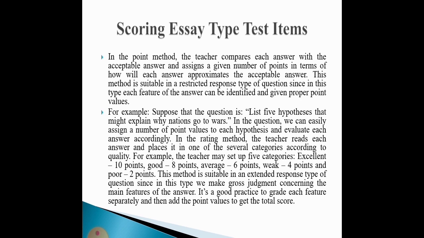This method is suitable in an extended response type of question, since in this type we make a cross judgment concerning the main features of the answer. It is good practice to grade each feature separately and then add the point values to get the total score.